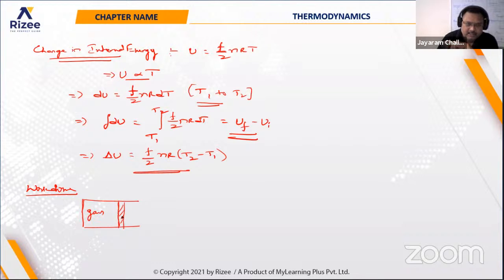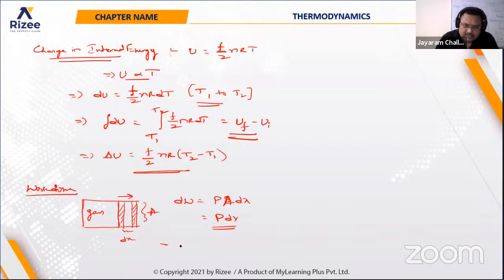Because of the heat supplied, the piston moves a certain distance dx, with a uniform cross-sectional area A. Then the work done is dW equal to P into A into dx, which can be written as P dV.